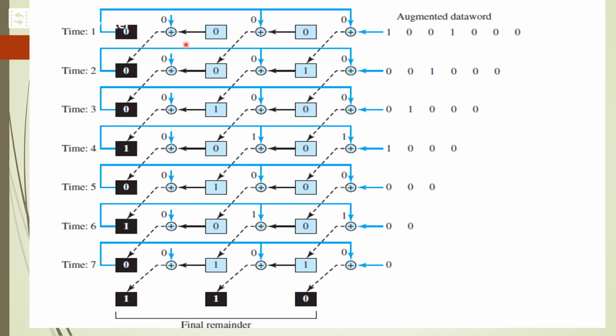After that, the other two bits are considered along with the augmented data word. So the total 3 bits are XORed with the 3-bit divisor to create the next remainder. These 2 actions are repeated to compute the final remainder, which in this case is 110, and it can be stored within 3 single bit registers.